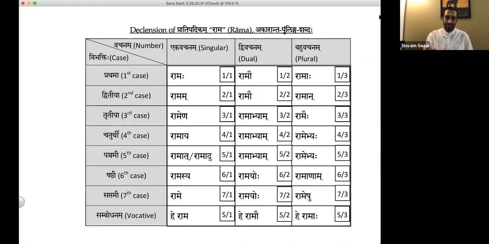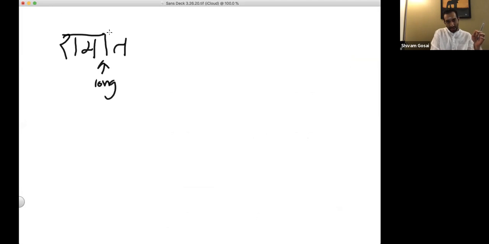Now 5-1, all we do is we make that akara long and we add a takara or dakara. So Rama becomes Rama, elongated, and then we add a takara or dakara, either one.